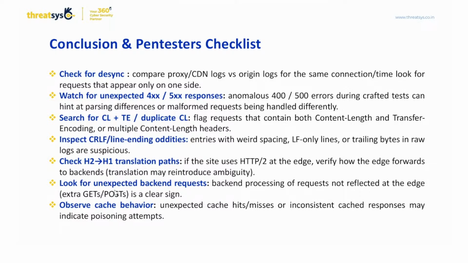This one is manual. There are also automations for HTTP request smuggling. You can just add those URLs and see how the backend is parsing. You will get an error for desync, and according to it, you will apply to smuggle those requests.